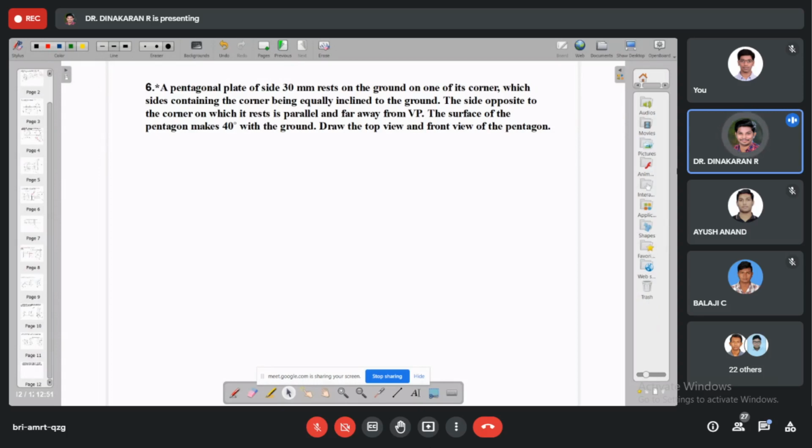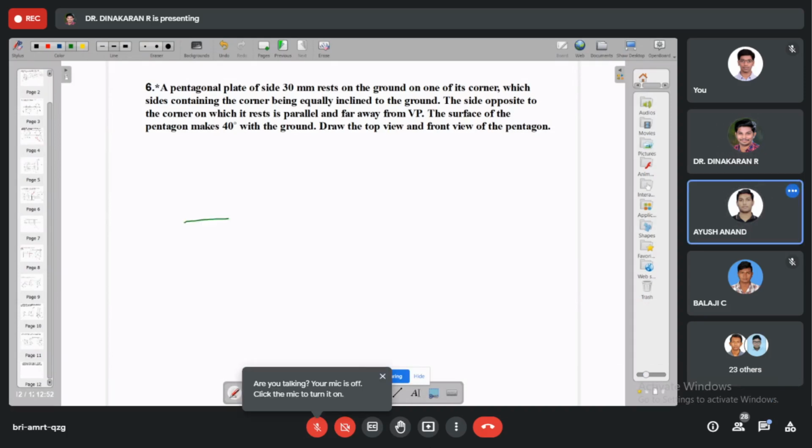HP. Because it rests on the ground on one of its corners, with the sides containing the corner being equally inclined to the ground. So equally inclined means, in a pentagon, how much angle is there? 108 degrees. So 72 or 108, you are using.